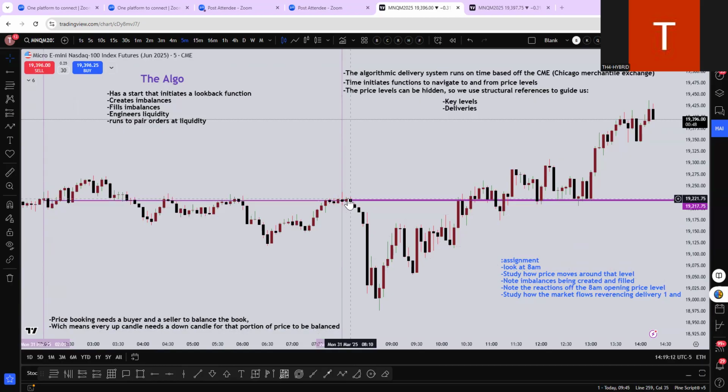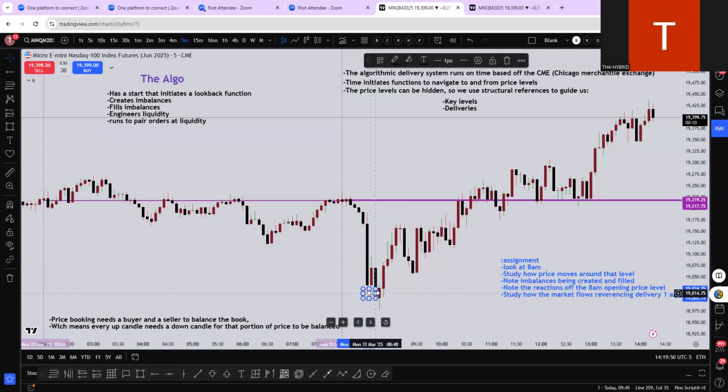So the algorithm creates imbalances and then it fills imbalances. Once we start putting up candles back inside of these down candles, now this portion of price right here is balanced. So creating inefficiencies, filling inefficiencies. After we close down here, we now have an inefficiency with this down candle.